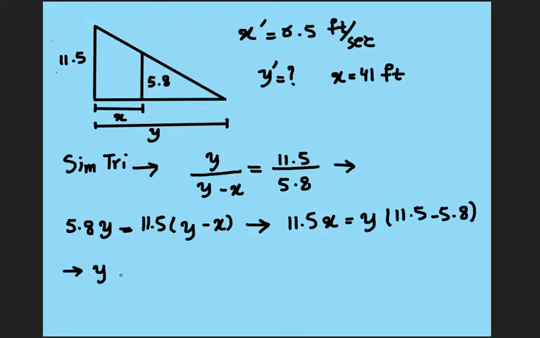If I do the minus, I would have y equals 11.5x over 5.7. It's so close, don't think that I made a mistake.